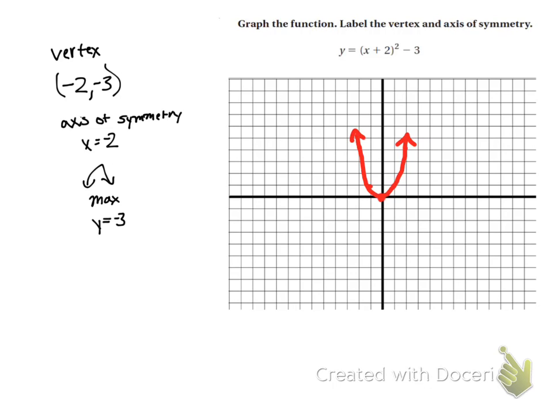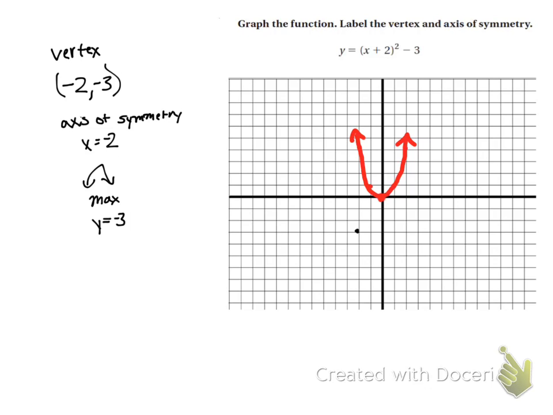We're going to graph the other graph in black. First we have to graph the vertex, which is negative 2, negative 3. Then that again opens down.